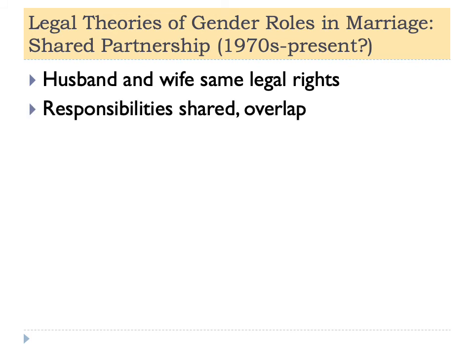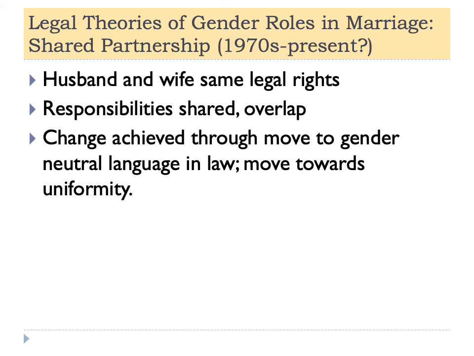So in the shared partnership, like separate but equal, husband and wife have the same legal rights, but there's a shift in understanding regarding responsibilities within marriage. Socially, the thinking is that those responsibilities are shared and overlapped, and that change in thinking is reflected in law.